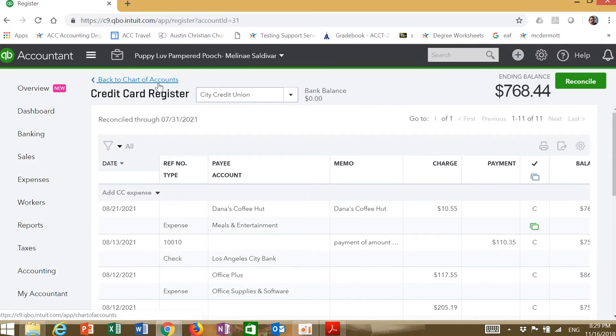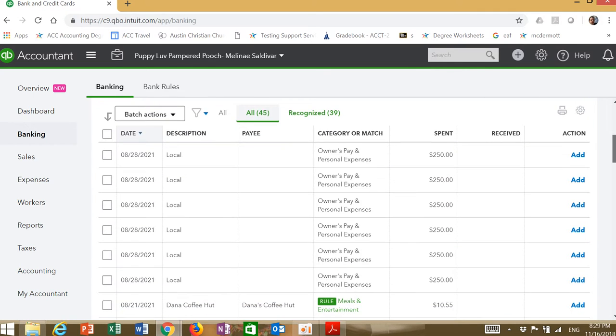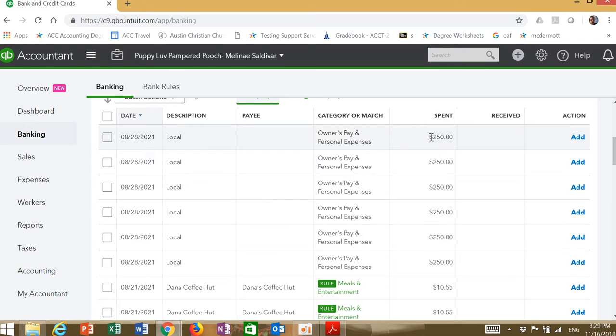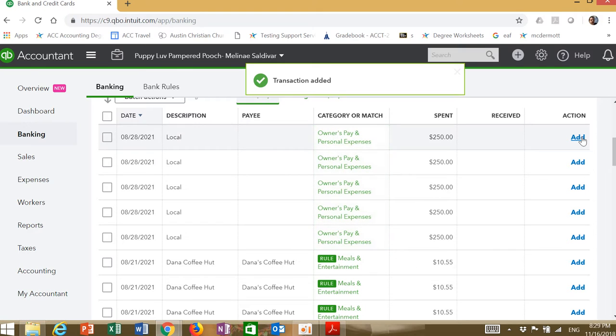Let me go back into banking. Okay, we're still in City Credit Union. There should be a $250. Okay, here it is. This one for $250 is towards the end of the month. That's why it's not appearing as cleared in the statement. But we're still going to add it because we know it does belong and it's referenced in the textbook.